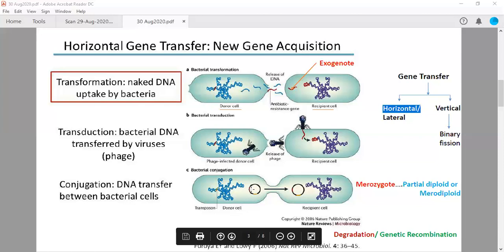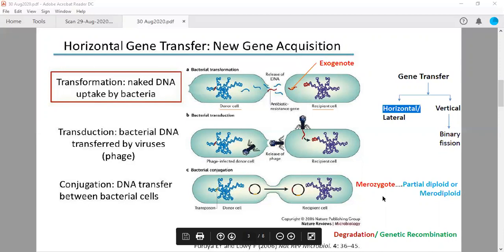This fertility plasmid has some genes which encode some proteins. These proteins make the pilus, and thus a connection is made between the two bacterial cells, helping them transfer their DNA from one bacterial cell into another. For example, one copy of the plasmid is transferred to the recipient bacterial cell, and then this F negative cell will also become F positive after receiving this F plasmid from the donor cell.